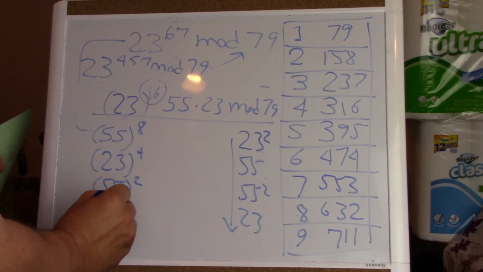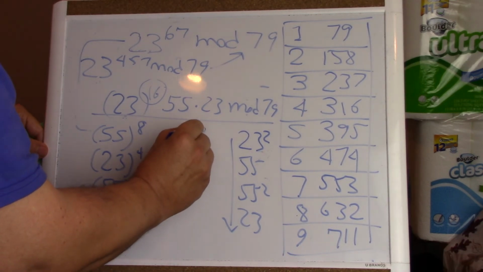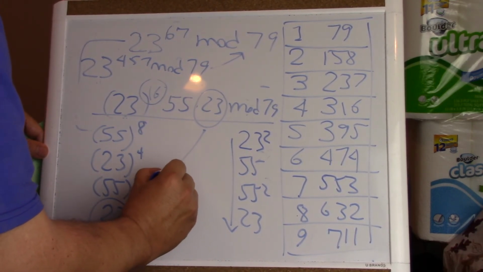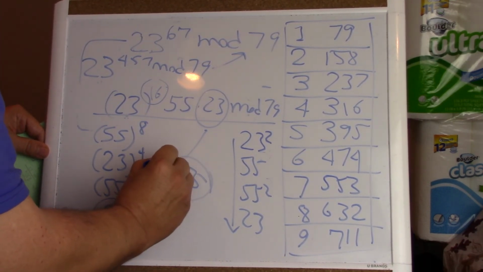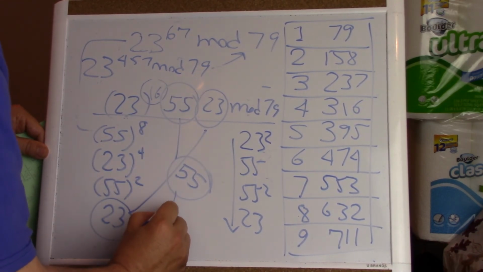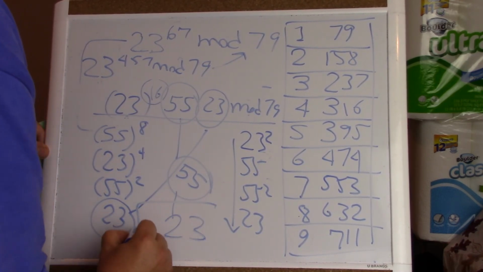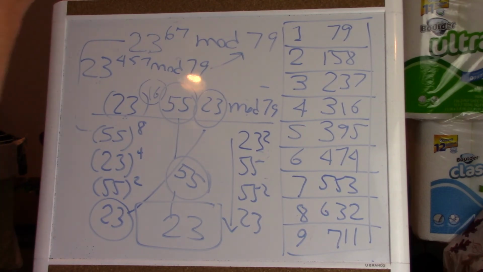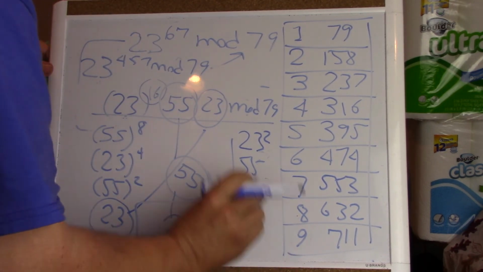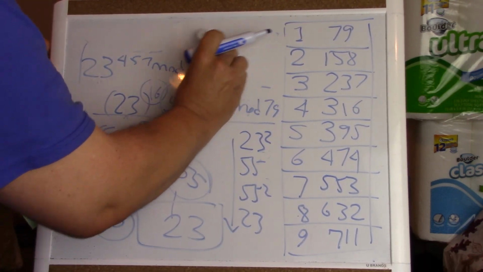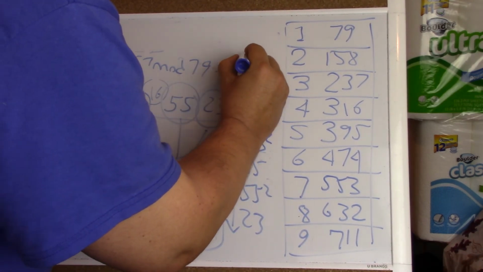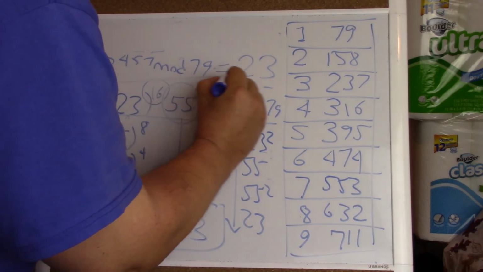And now this 23, you still had a lingering 23 from before, becomes a 55, and then this 55 combines with this one to be 23, and that is the answer. So 23 to the 457 mod 79 equals 23.